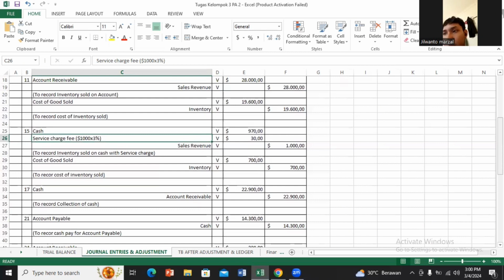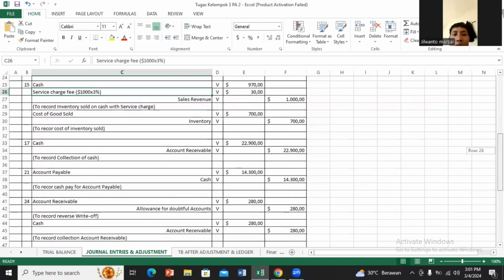So the journal for this is cash in debit for $970, and service charge fee for $30. And then in the credit we have sales revenue for $1,000. And because we use the perpetual method, we must write off the cost of goods sold. So the journal is cost of goods sold in debit $700 and inventory in credit $700.